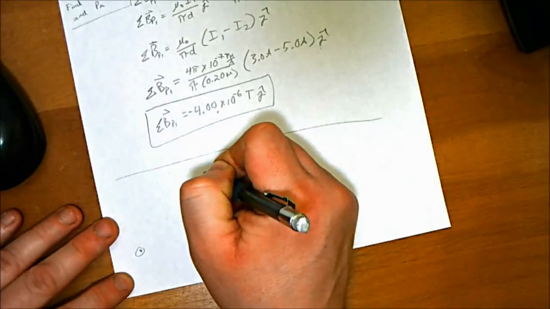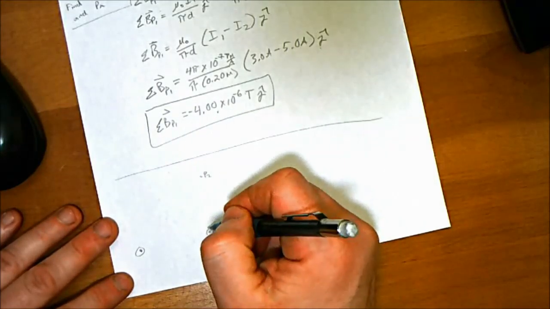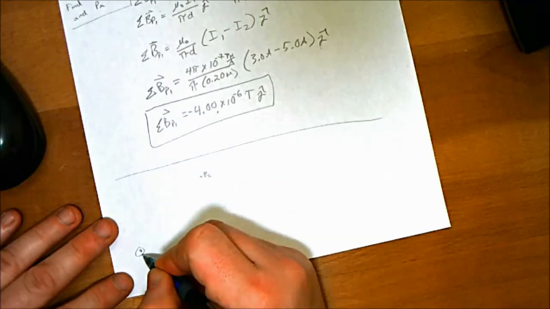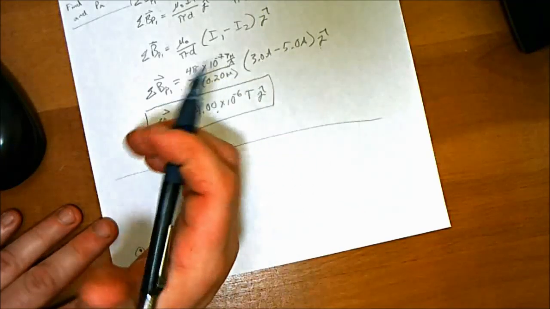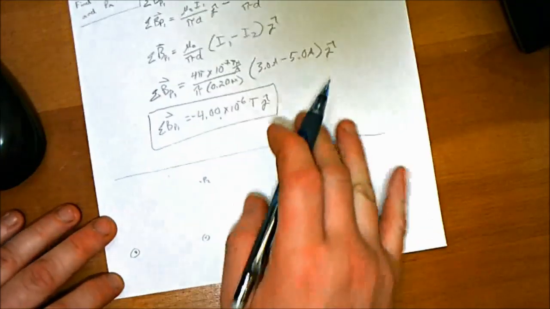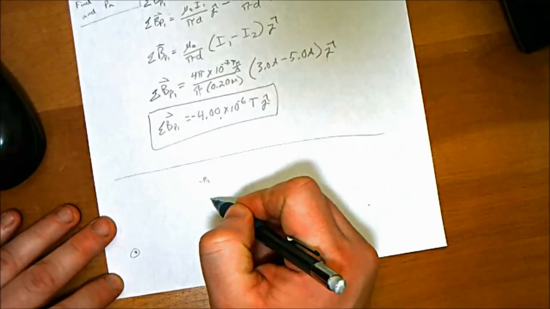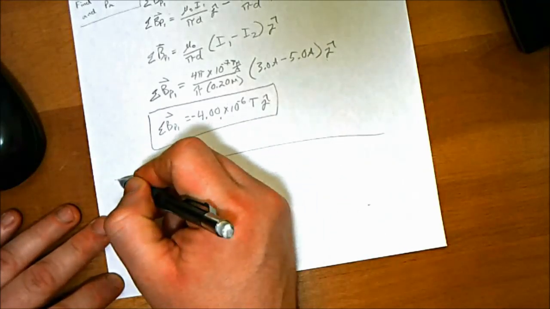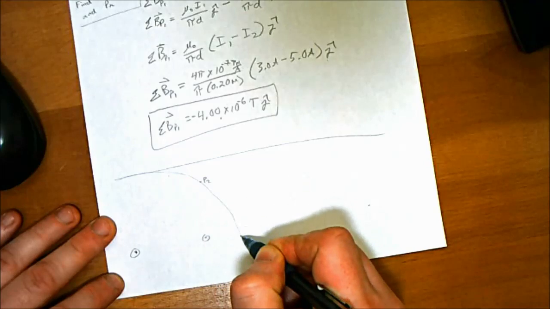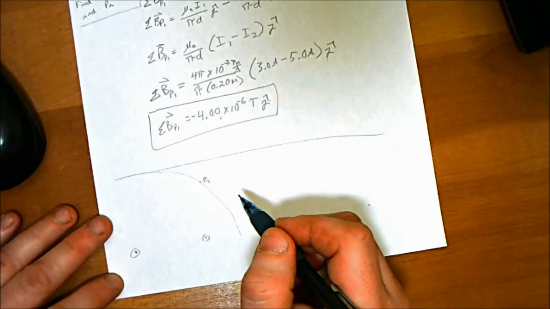This is point P2. If I look at the magnetic field from this first wire, remember that it's going to circle around the wire in a counterclockwise manner. So the magnetic field lines are going to look something like this.